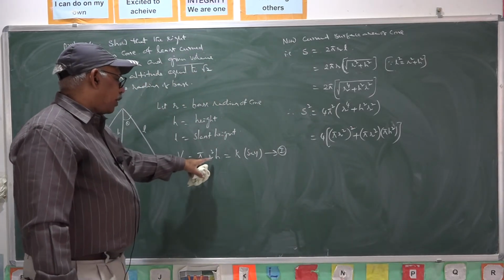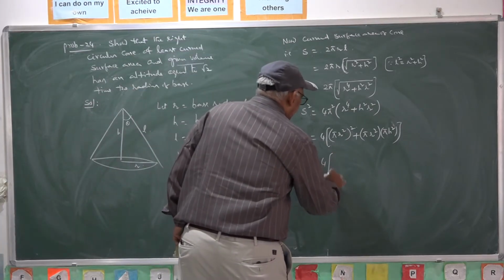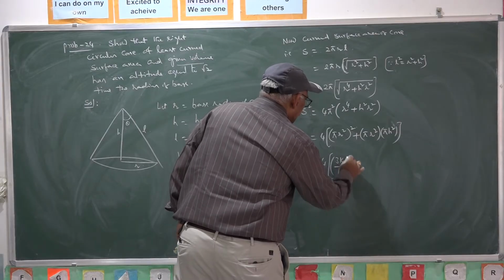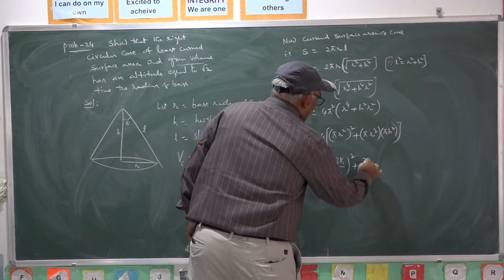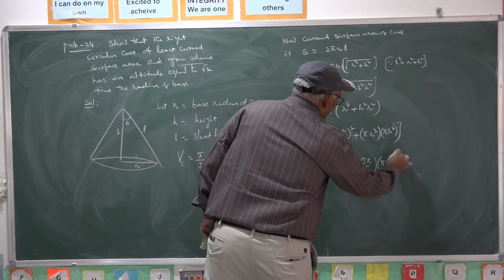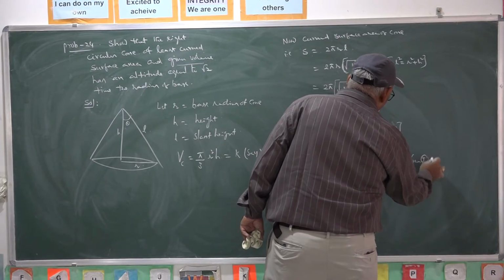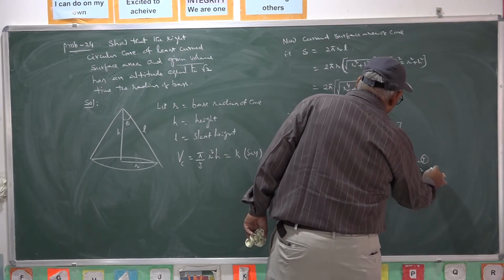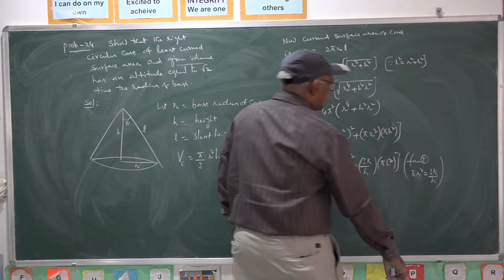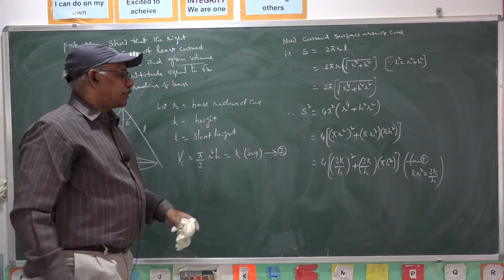Now you can replace pi r square with 3k by h, pi r square with 3k by h whole square, and 3k by h into pi h square, because from (1), pi r square equals 3k by h.